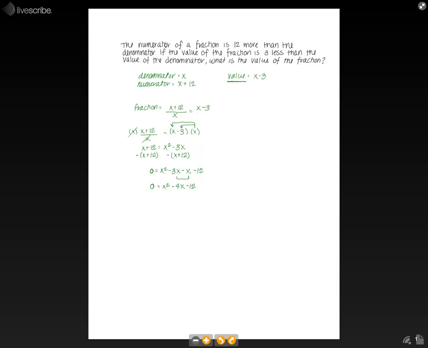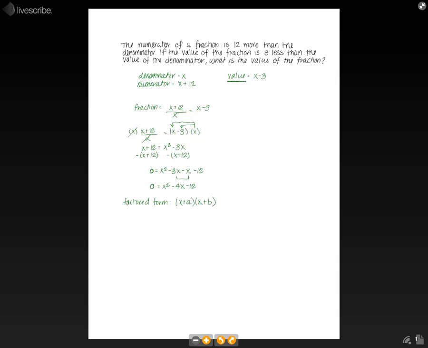Alright, so now we need to try to factor this to solve for x. So we know that it's going to factor into the form x plus a times x plus b, because our first term is x squared.